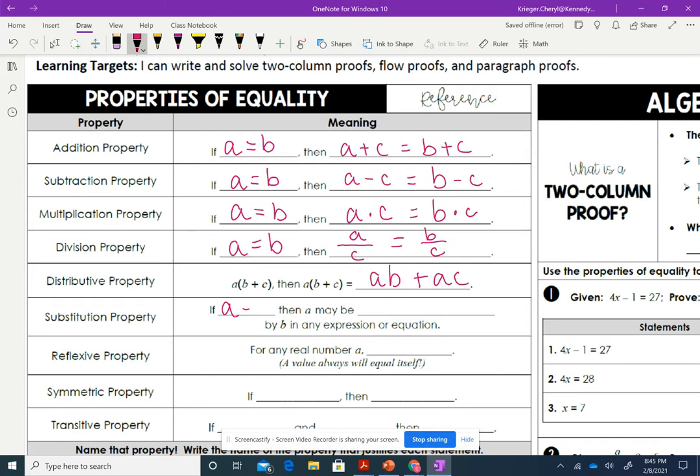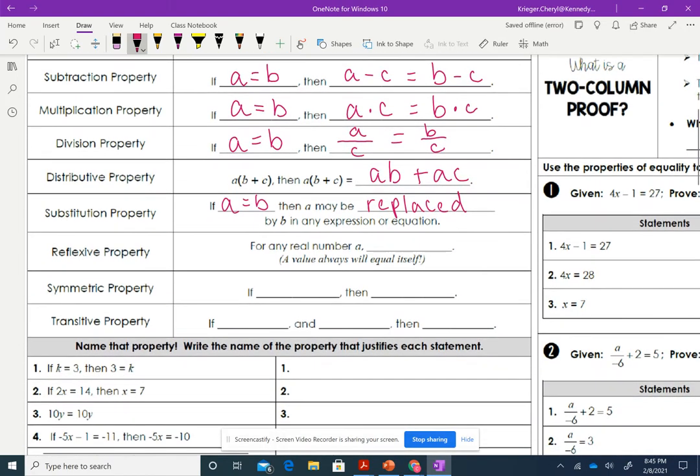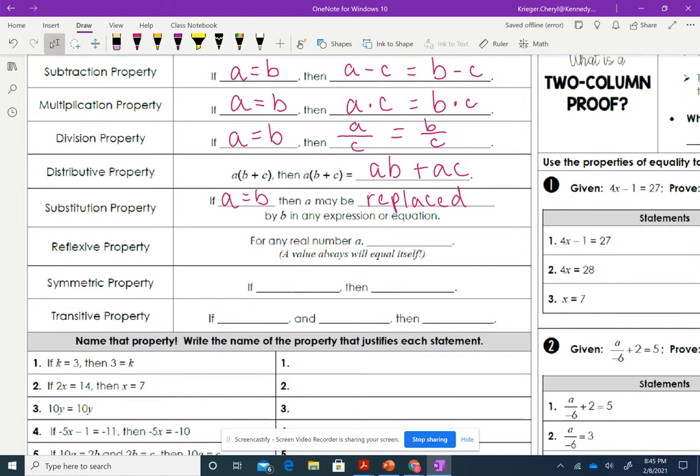If A equals B, then A may be replaced by B in any expression or equation. The reflexive property says for any real number, A equals A. A value will always equal itself. A reflexive, like a reflection.